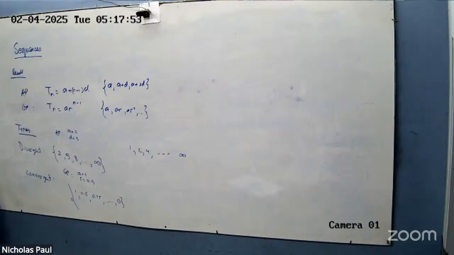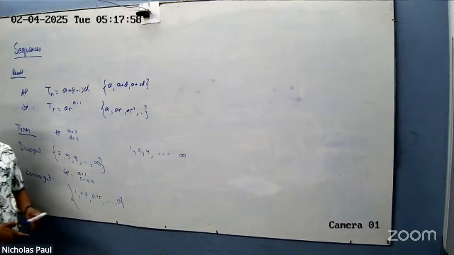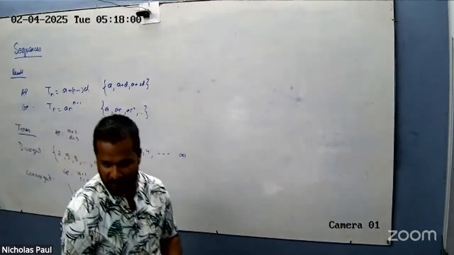Anybody can write this a different way? How do I know if a sequence is convergent?